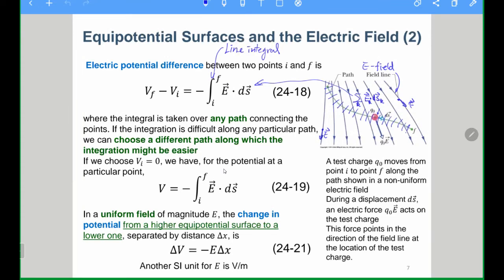So the SI unit for V, maybe I write it here, the SI unit for V is actually V. It is a short form for the volt. I found many students cannot distinguish voltage and volt. Volt is the SI unit.